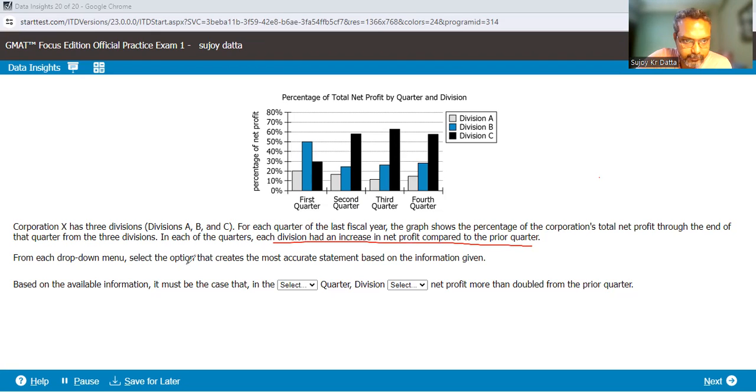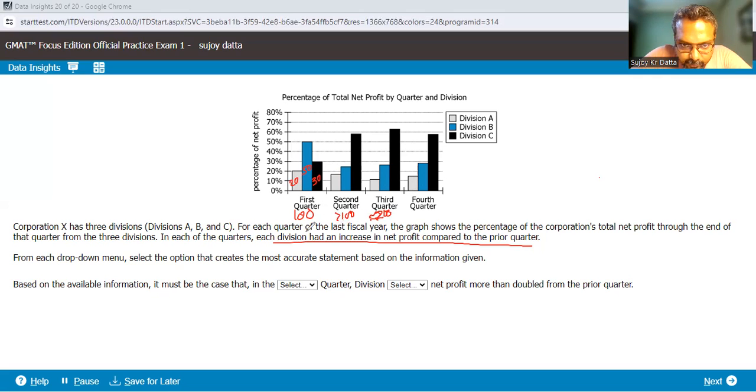All right. So the option that gives the most accurate statement. So if this is 100 and this made 20 rupees profit, 50 rupees profit, and 30 rupees profit, then this must be more than 100. This is like almost half, right? This must be almost around 200.